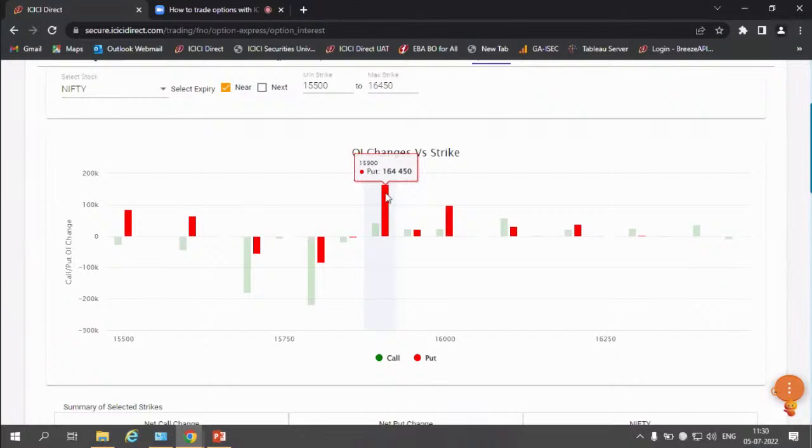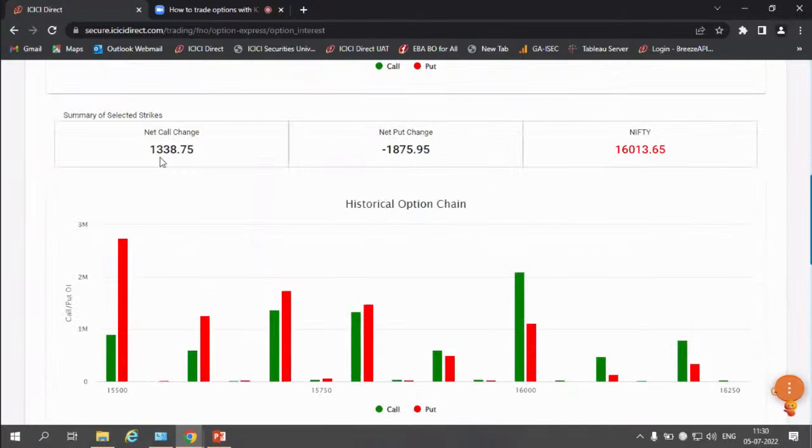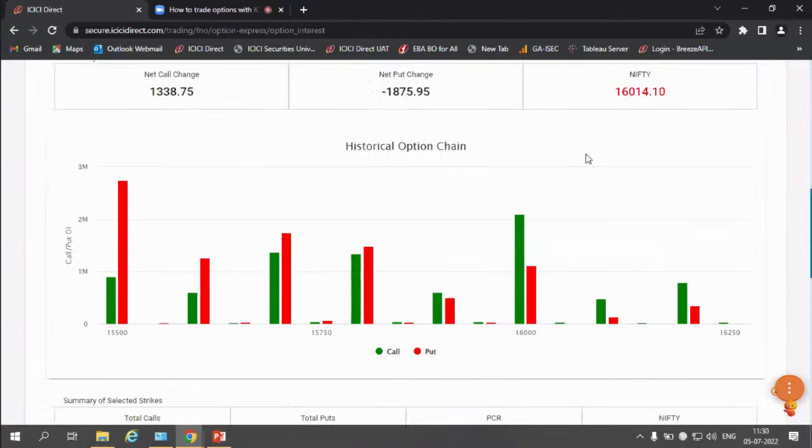You'll be able to see on a strike basis what the open interest is for that particular strike, with the number of contracts available here. You can also see the total change on the call side and the total change on the put side, while Nifty is at this particular level.